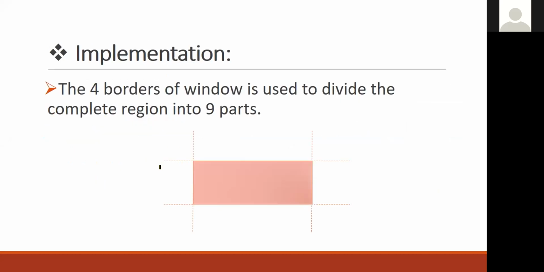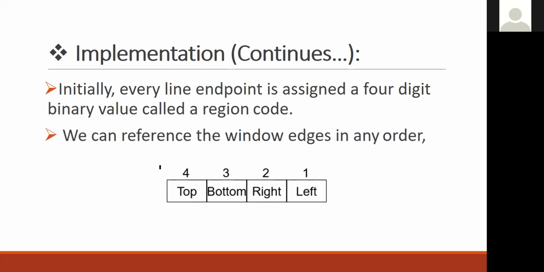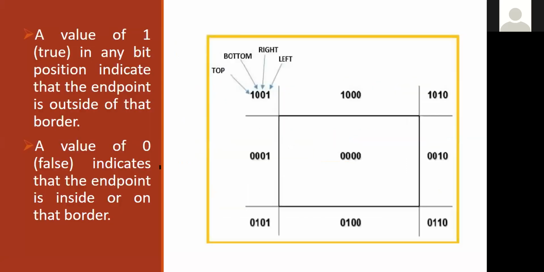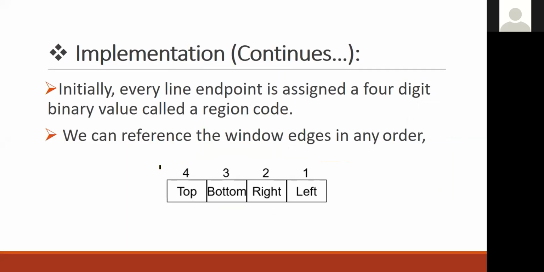Moving forward to its implementation, the four borders of the window actually divide the region into 9 parts. When we encounter a line, we first assign the region code to its endpoints. So let's discuss how the region codes are given. We can take a window reference in any 4-bit order.